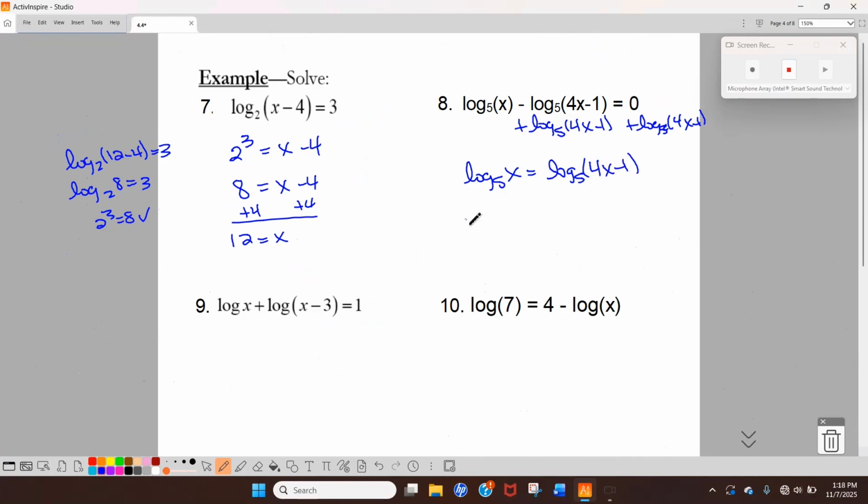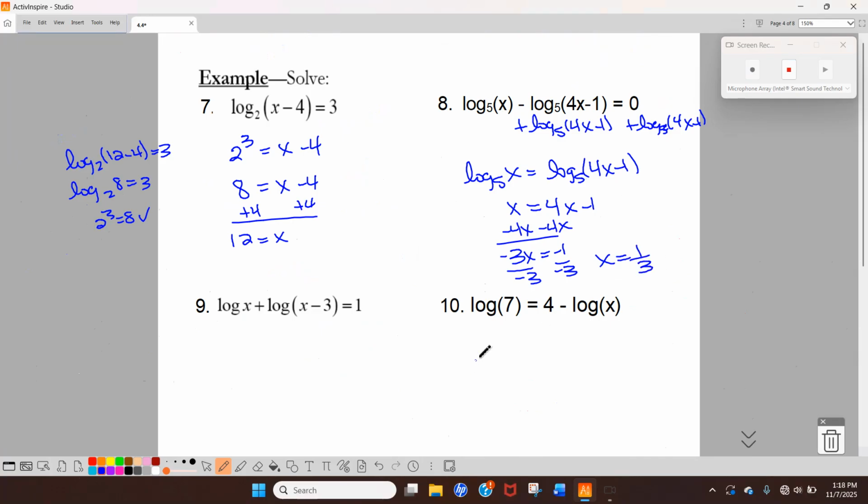So then since these logs match, the same operations being done on both sides, I can ignore them and say that x is equal to 4x minus 1. Subtract 4x from both sides, divide by negative 3 on both sides, and x is equal to 1/3.